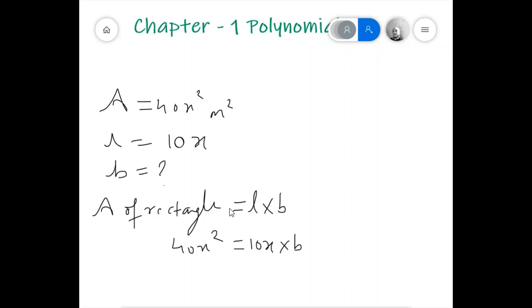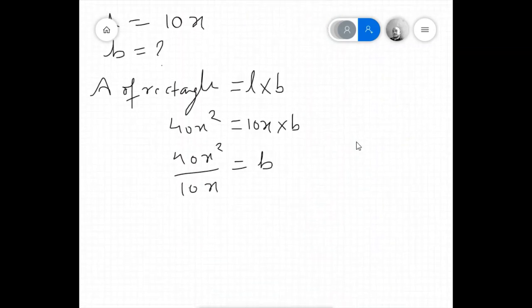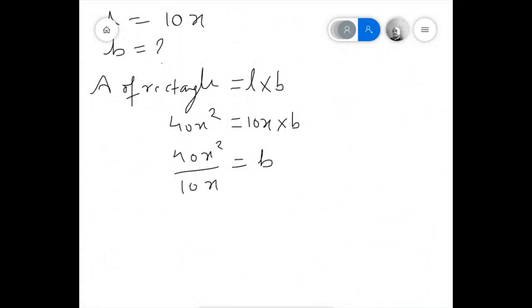So in order to find the breadth, we will transpose this 10x, so it becomes 40x square by 10x, keeping the breadth as over there only. Now when we solve this part, what answer will you get?